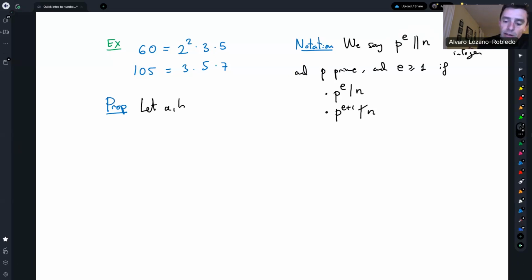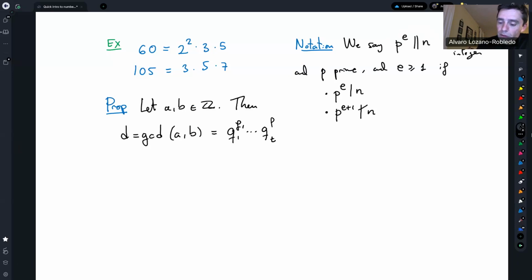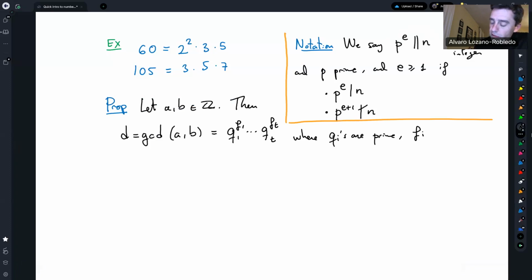So let a, b be integers, then the GCD of a, b has this factorization for some primes, where the qi's are prime and the fi's are bigger or equal to 1, and the property is that each qi divides a and divides b.